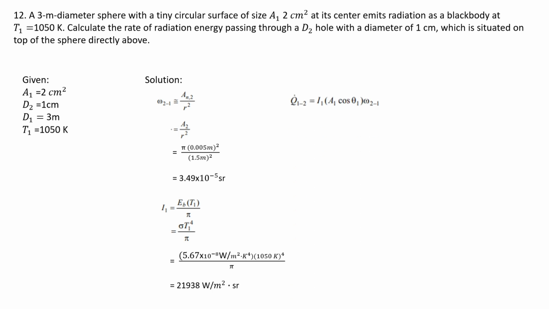Now, heat rate 1 to 2 is equal to intensity times A1 cos theta 1 times omega 2-1.